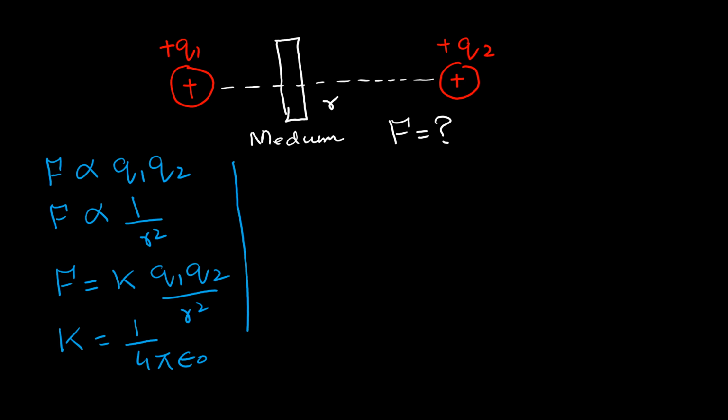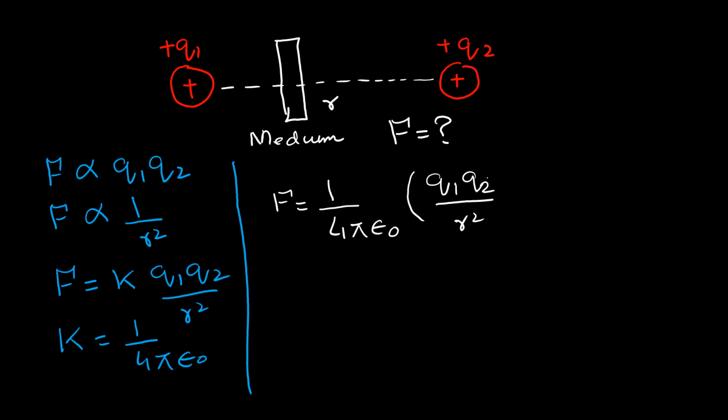So F is equal to 1 over 4 pi epsilon naught into Q1 Q2 divided by R square.